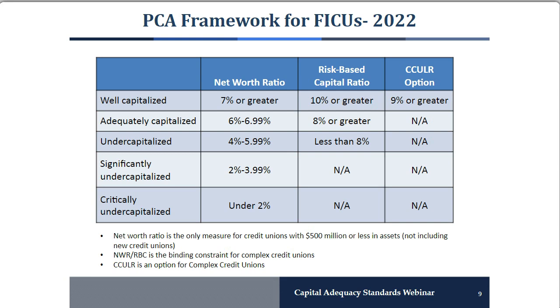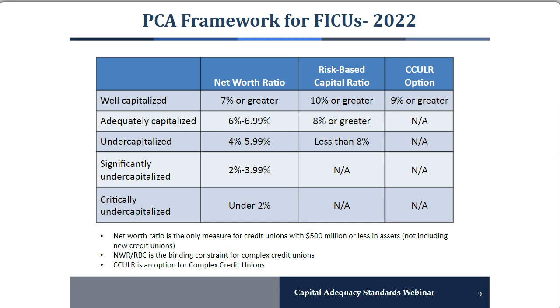Second, complex credit unions, if not eligible or choose not to opt into the CCULR framework, will be subject to both the net worth ratio and the RBC requirements. With that, a complex credit union would need to have a net worth ratio of 7% or greater and an RBC ratio of 10% or greater to be well capitalized.